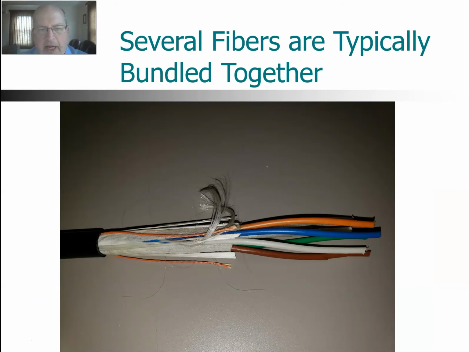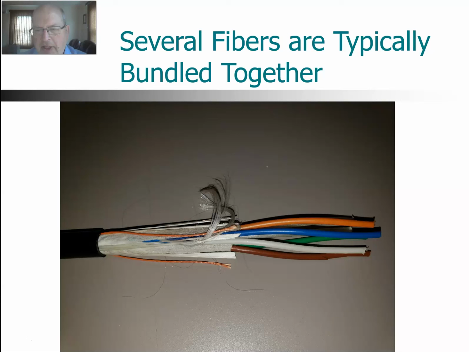All right, this is an actual fiber optic cable. You can see it is color-coded because there's actually several fibers here. And each one is a different color, so at the other end they know which fiber is which. And on each fiber you can send several different beams of light, each one a different color, and then you can use a filter, a prism or something like that, to separate the beams out at the other end.